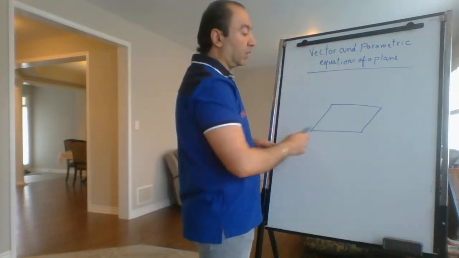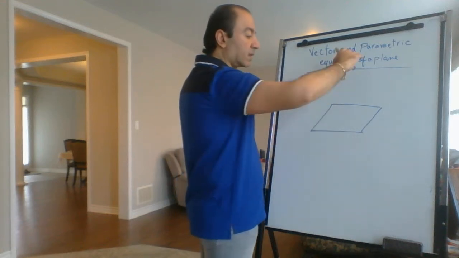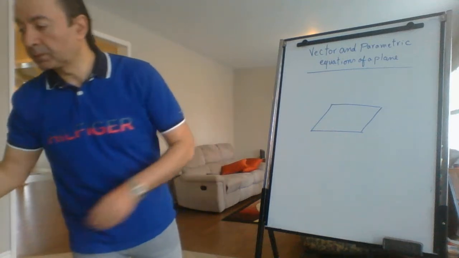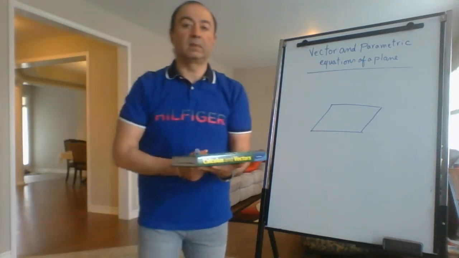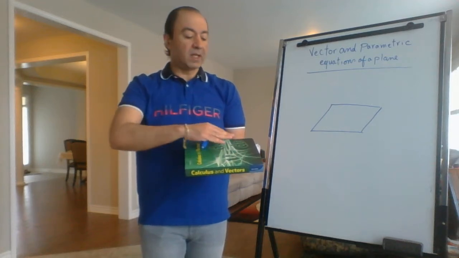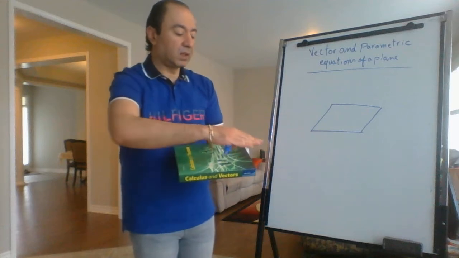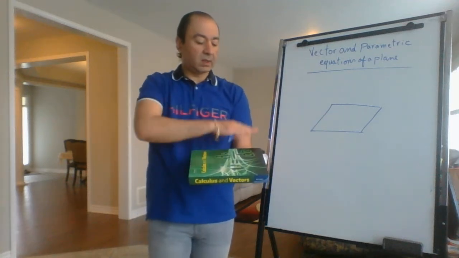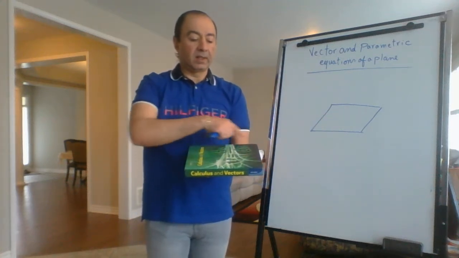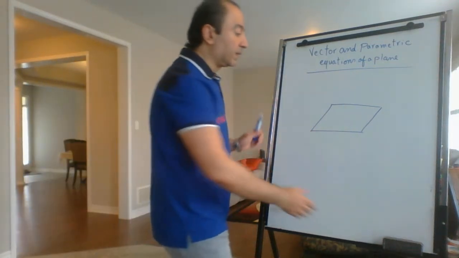So we draw it like this to represent a plane, but actually it is limitless. So if I am talking about this plane, I mean everything in this level, going all the way this way, that way, this way, in this level. Okay? This is what we mean by a plane.